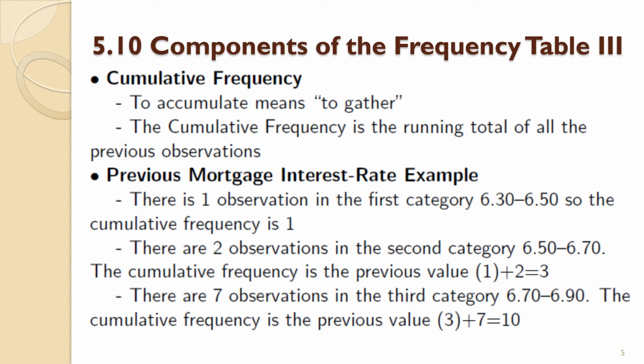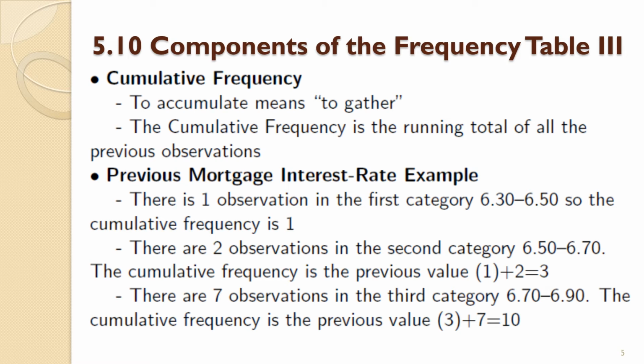I always vividly remember my high school maths teacher explaining it like this. To accumulate means to gather, so the cumulative frequency is just the frequency of all the observations that you gather as you go down the table and collect all the different categories that make up the entire sample. Think of this as the running total of all the previous observations.